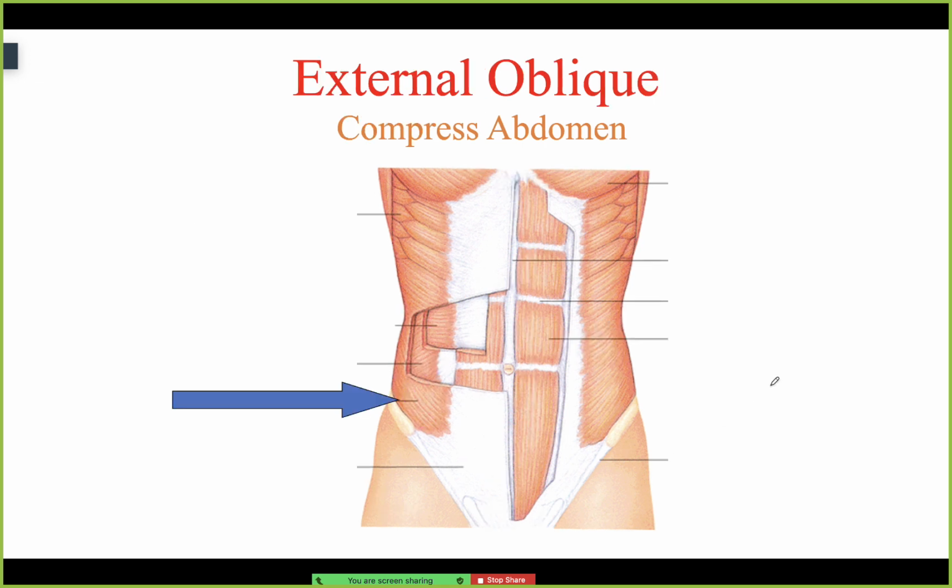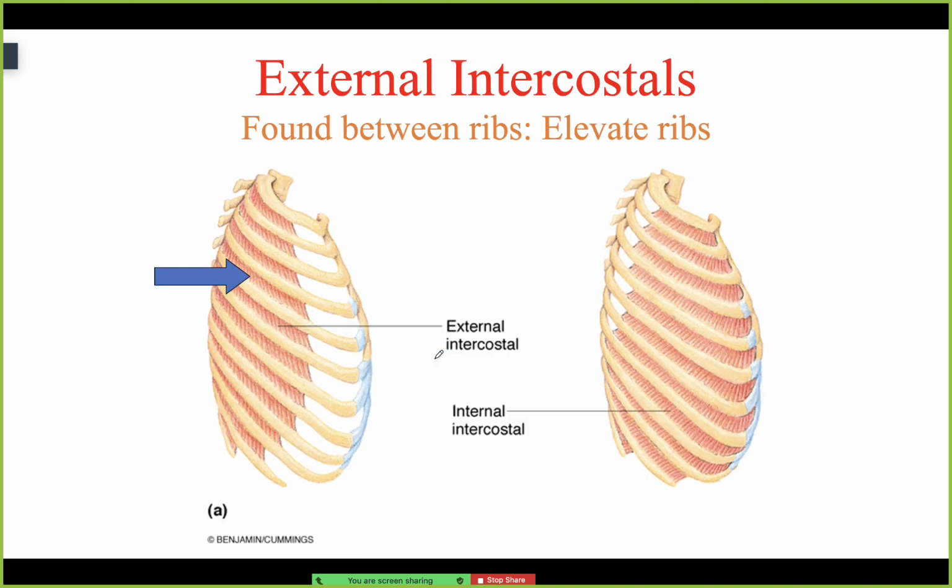So now labeling the ones that we just talked about. External oblique. Inside is the internal oblique. And on the topic of external and internal, you also have external and internal intercostals. Inter means in between.